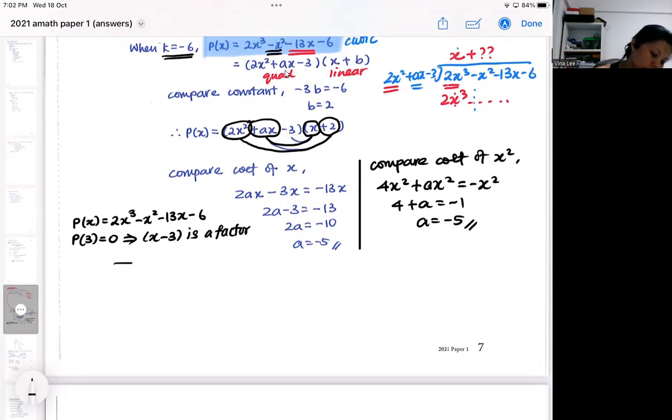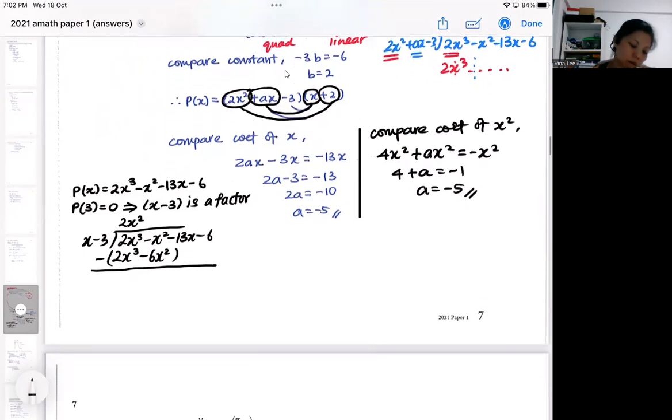What the student did was treat it like a normal cubic equation. Eventually the student still gets the same answer, and it's the correct method also. So I'm just showing this to all of you. This is the generic method of handling a cubic equation.